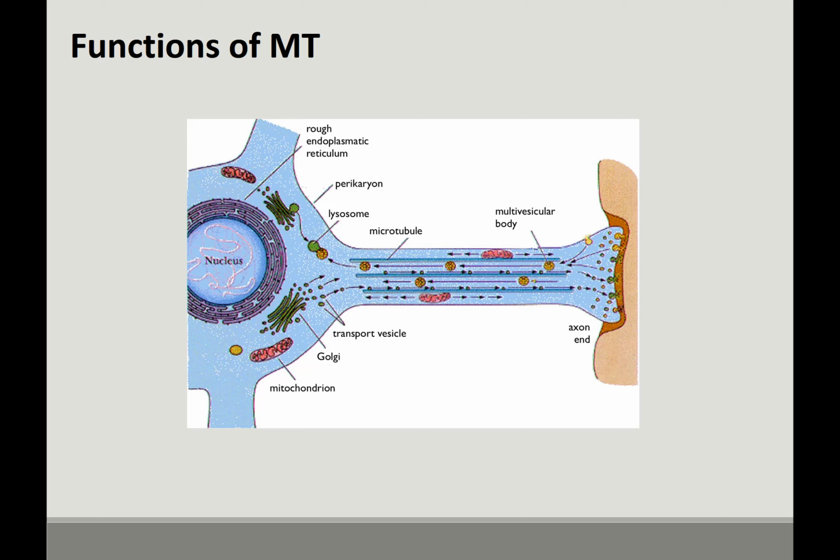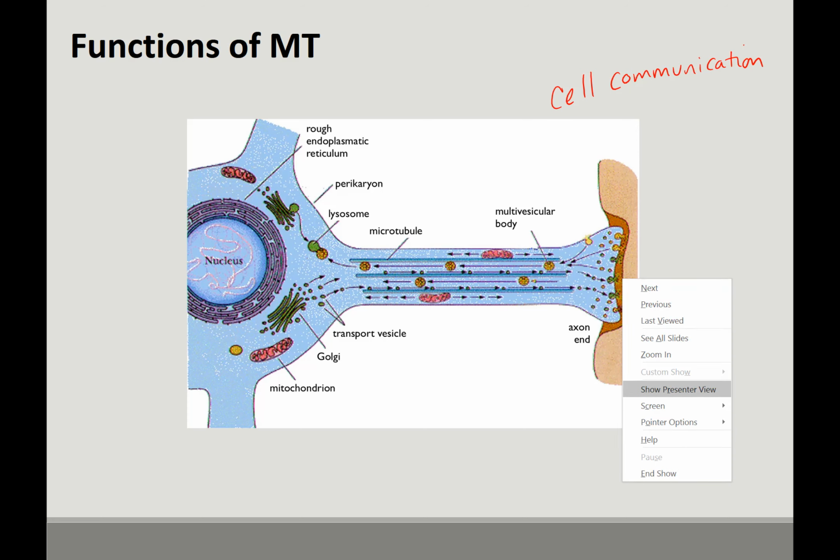Microtubules are important. Again, this is an example of cell communication. We will talk about neurotransmitters. And what's happening in this cell is, if you can kind of see it in blue, which I will now make red. Oh, that's ugly. Let's see if I can do a pointer.